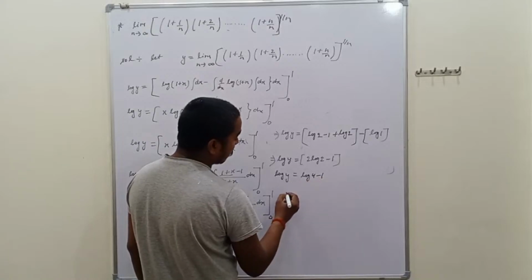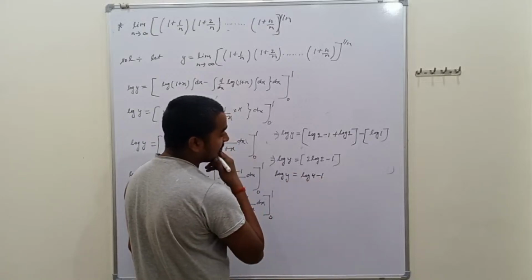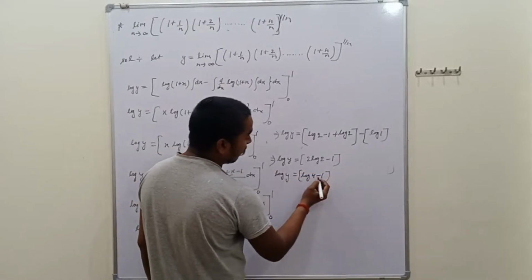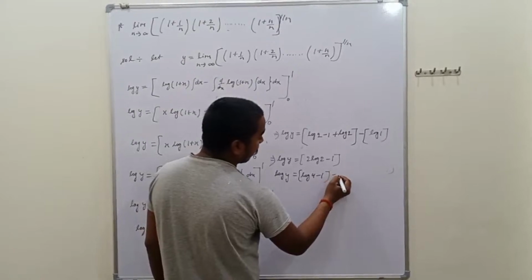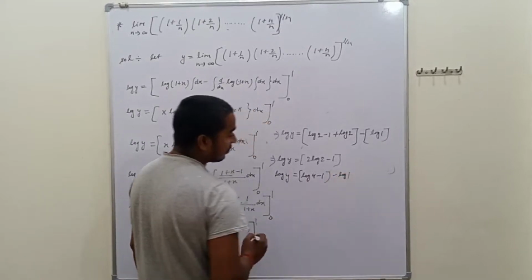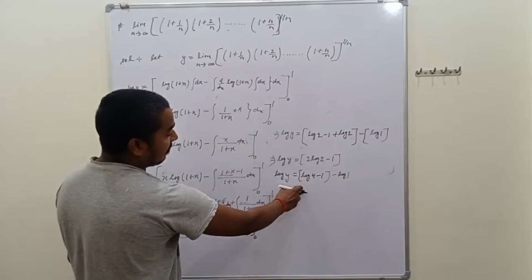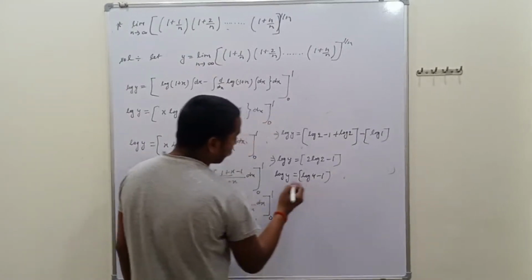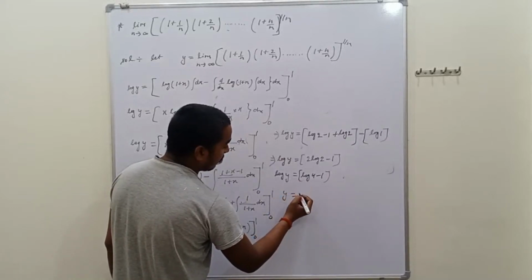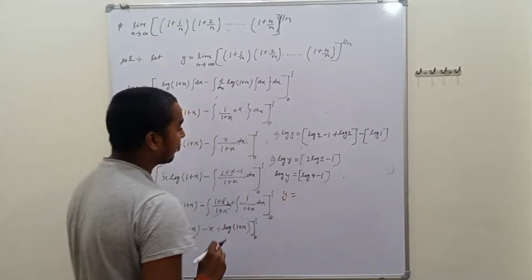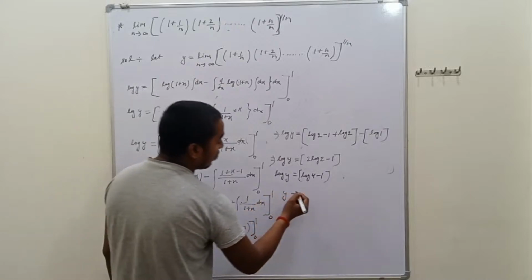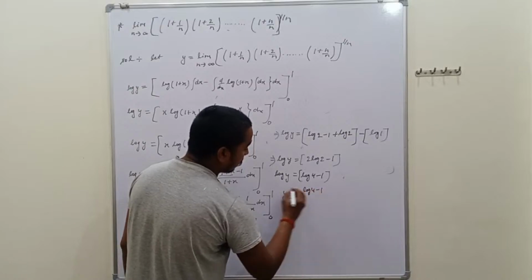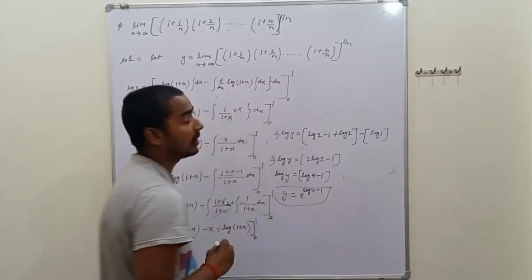From here, y is equal to, once again, log 4 minus 1, that is e to the power, and so y is equal to e to the power log 4 minus 1. This is the required solution of the given problem.